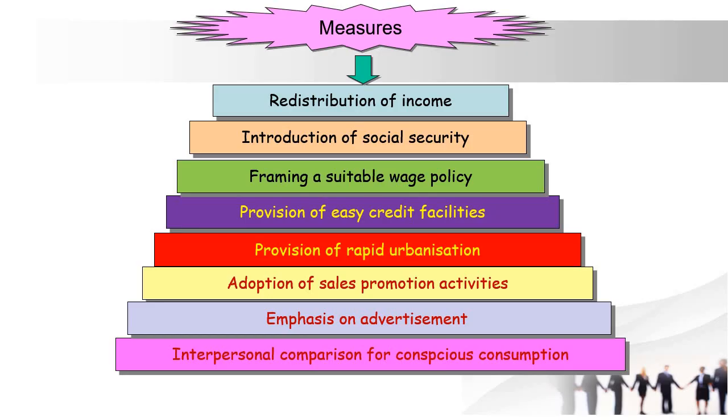Then the third measure is framing a suitable wage policy. A suitable wage policy provides income for the people, then the consumption automatically increases. The fourth measure is provision of easy credit facilities. Banks and other financial institutions provide credit to the people, then the people make more consumption. The fifth measure is provision of rapid urbanization.